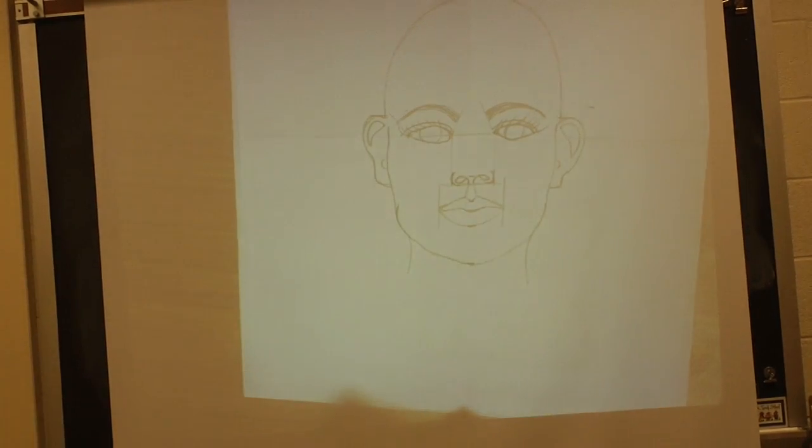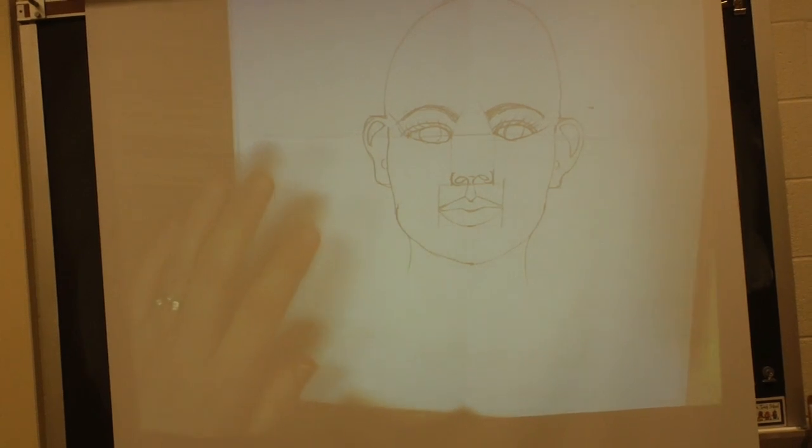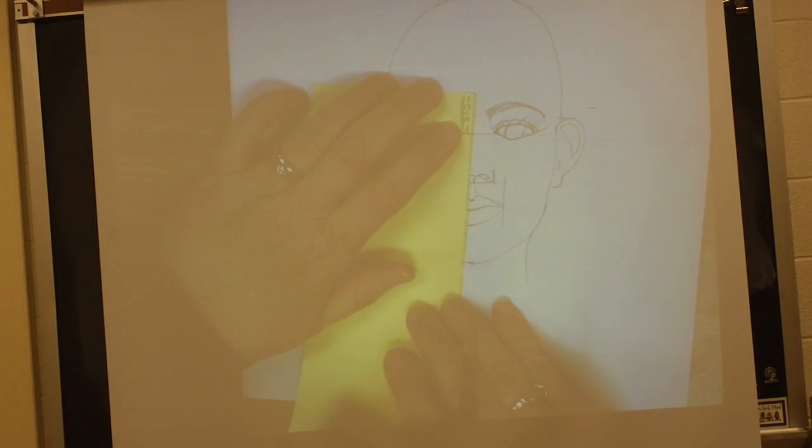Now, I gave each of you a set of different kinds of hairdos. But before we go to those, we didn't get to this part last time. Your hairline, the place where your hair starts growing out of your head, is 2 eye lengths up from the middle of the nose.